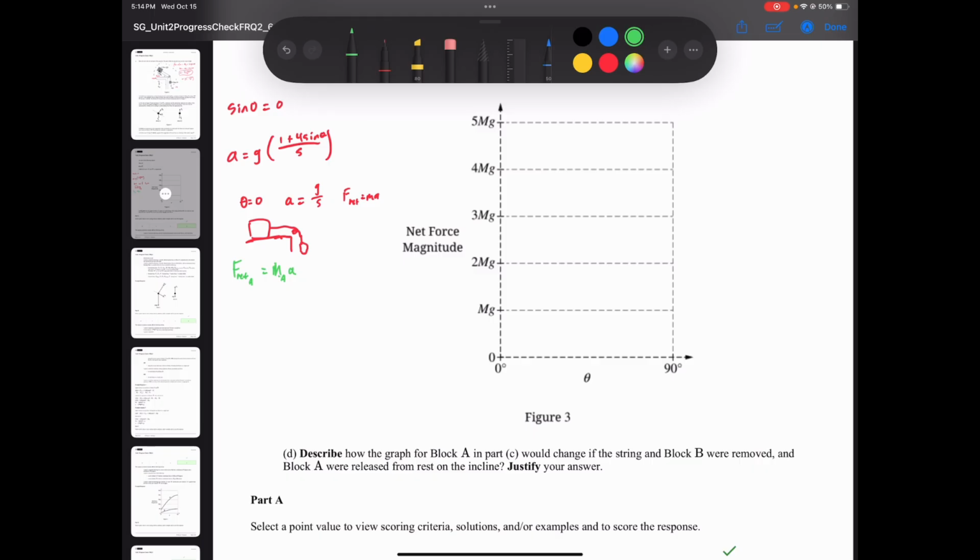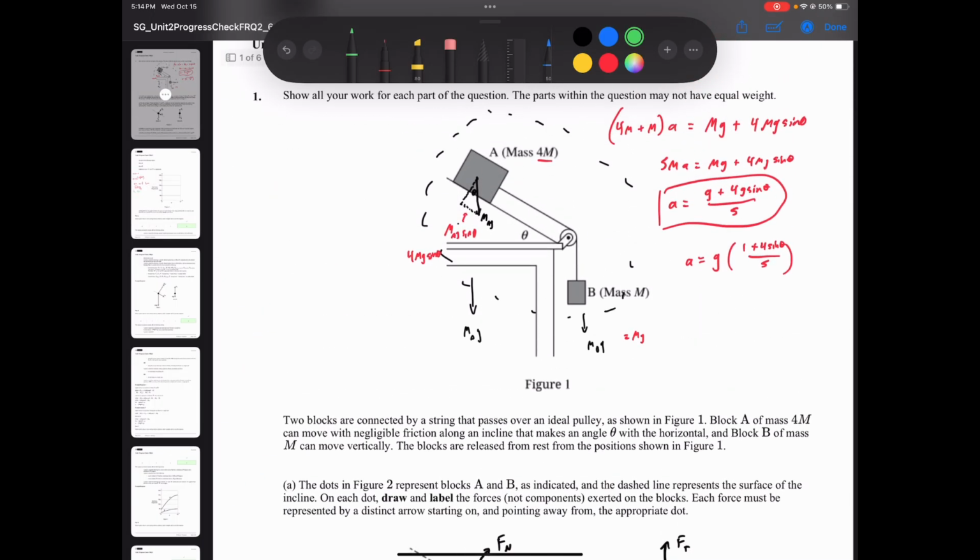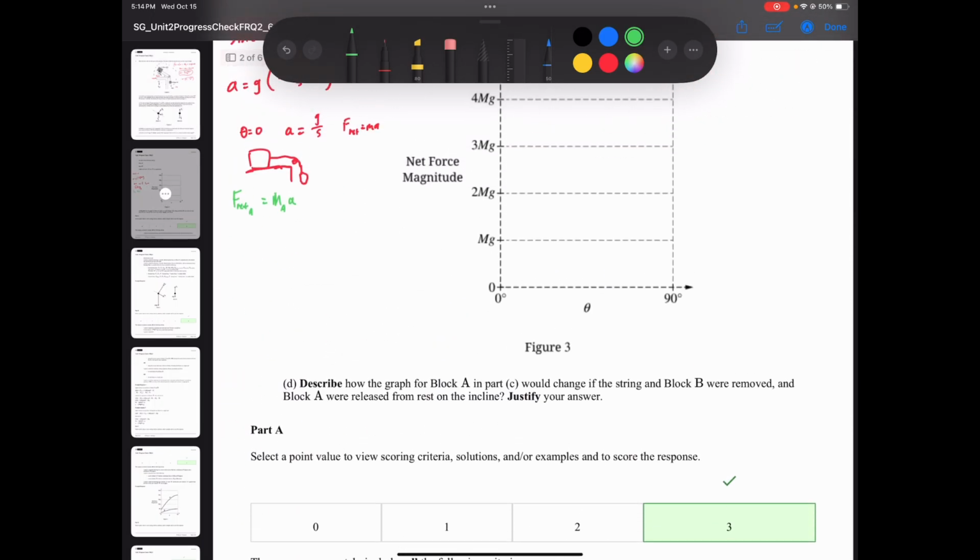The mass of A is 4m, so I'm going to put 4m times g over 5. So when theta equals 0, the net force acting on A is 4 over 5 times mg.